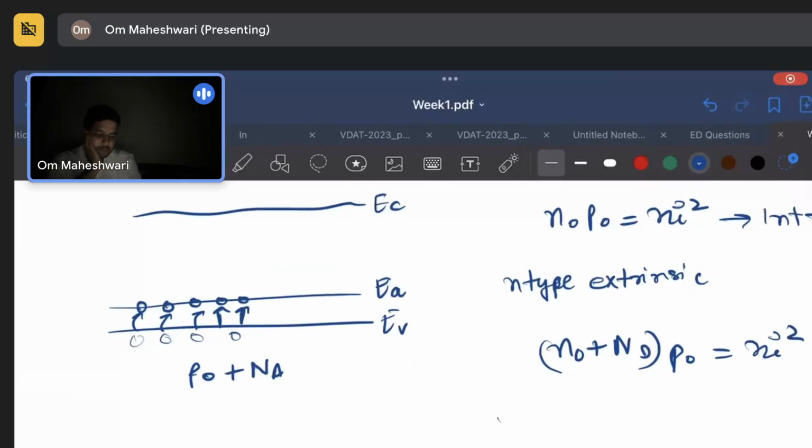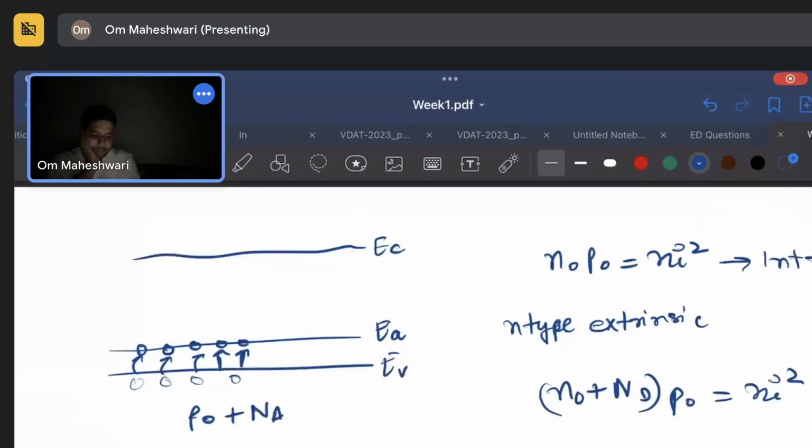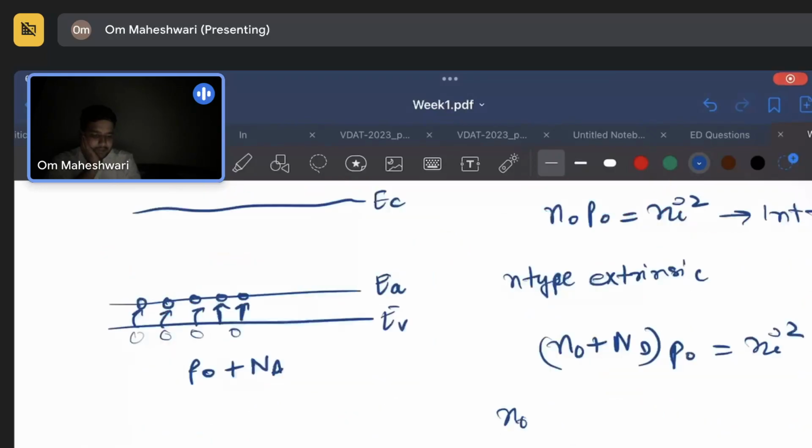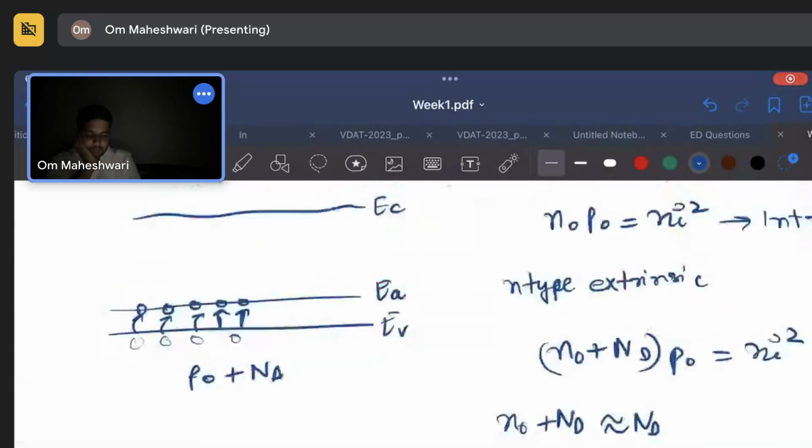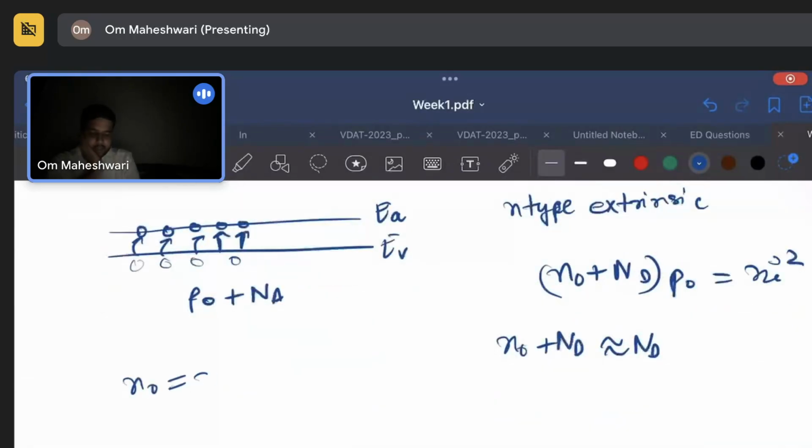Earlier N0 plus Nd will almost be Nd. So N0, we know, right? N0 was equal to Ni, in the 10 to power 10 range. And doping, we generally have Nd minimum 10 to power 15, maximum it can go up to 10 to power 21 or 22.